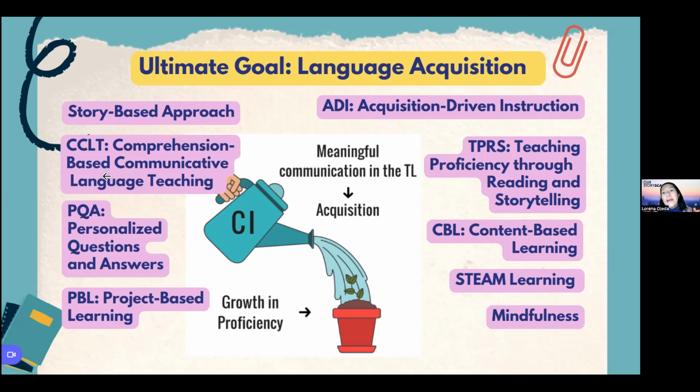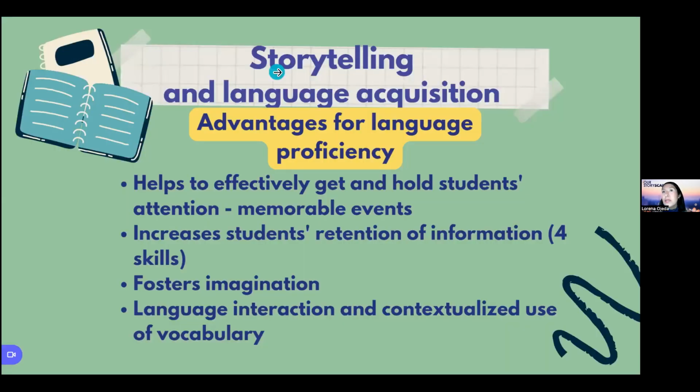So we're going to combine basic approaches to language acquisition, and we're going to show you a couple of different activities that you can do when you integrate those and base your curriculum on these CI strategies.